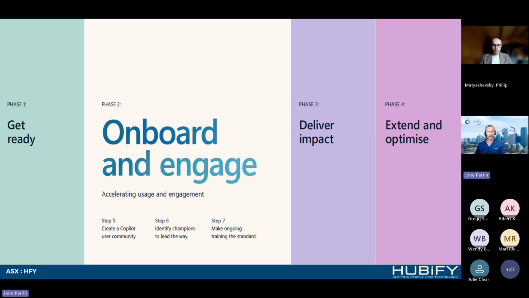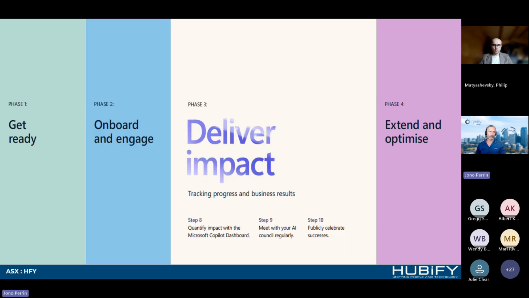The next is delivering the impact and tracking the progress. So you can track the progress and effectiveness of Copilot through Microsoft Copilot Dashboard, which provides insights into usage and adoption. So you really want to quantify that impact with the dashboard, and then that should also align with some of those goals from the first slide.